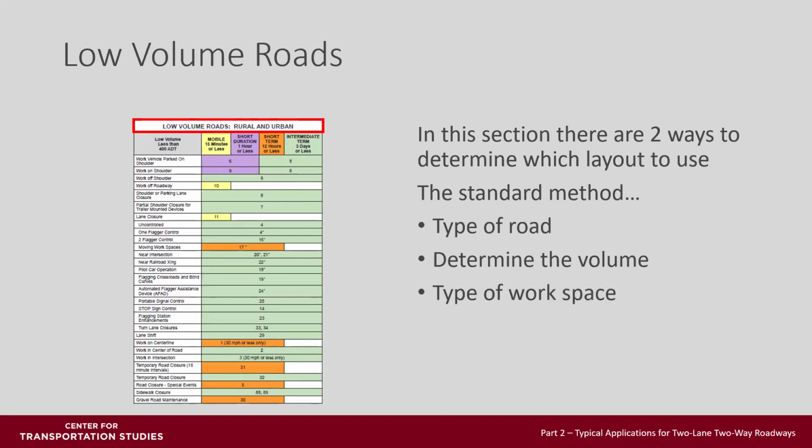The type of the workspace, where the work is being done, and the duration of the workspace. As I mentioned, mobile 15 minutes or less, short duration of 1 hour or less, short term 12 hours or less, or intermediate term up to 3 days. Long-term traffic controls are not included in the field manual and often need a temporary traffic control plan for that specific project.